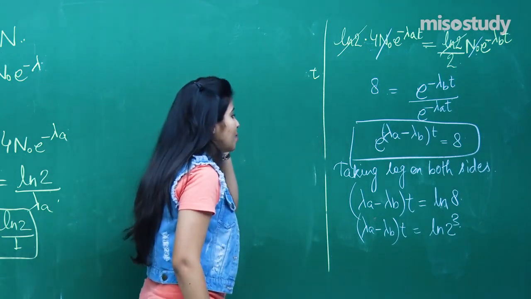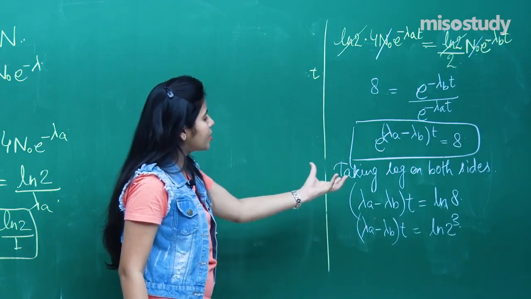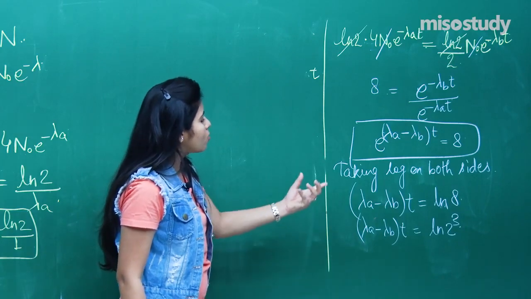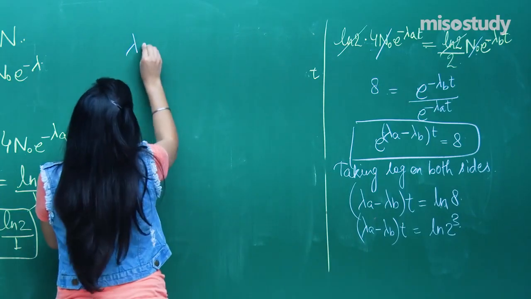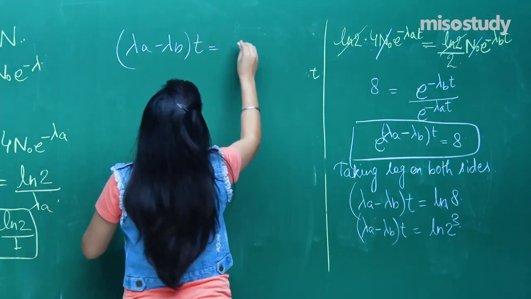Okay, so if I take the log, I am having lambda A minus lambda B into T equals log 8. Now lambda A minus lambda B into T equals 3 log 2.